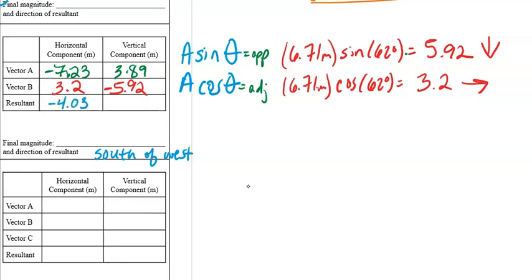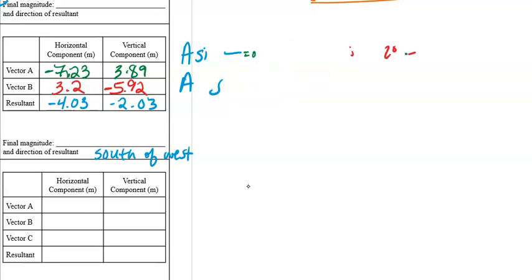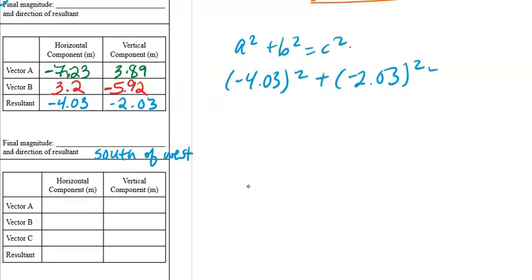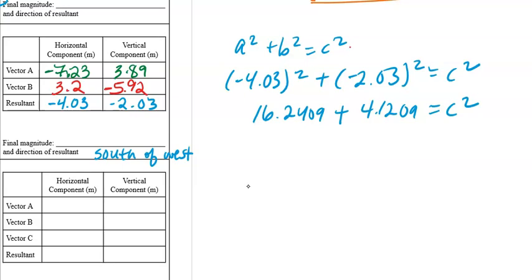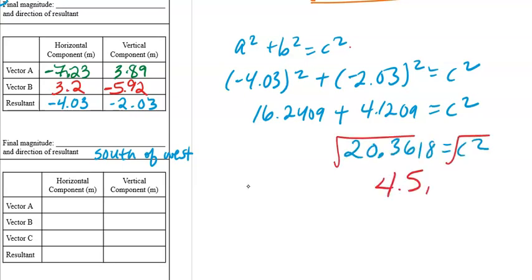Okay, now I'm just going to combine like terms, x with x, y with y, and finally combine both of those with Pythagorean theorem. And don't forget to square root at the end.